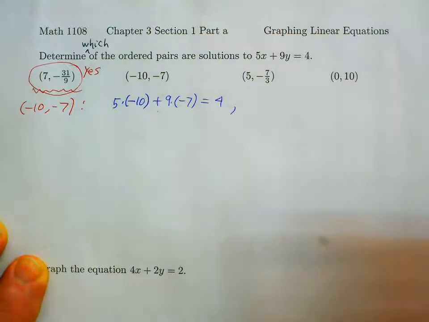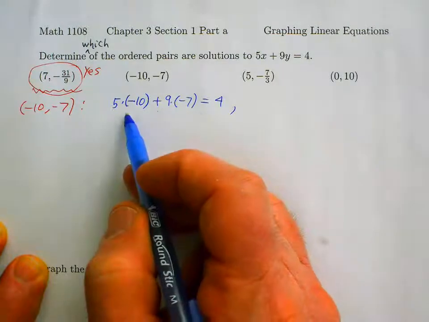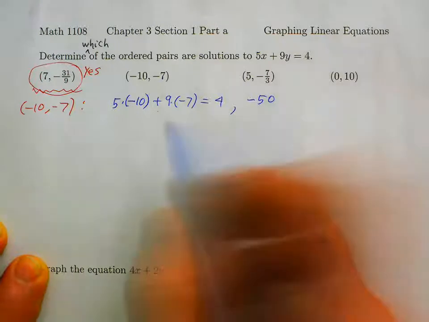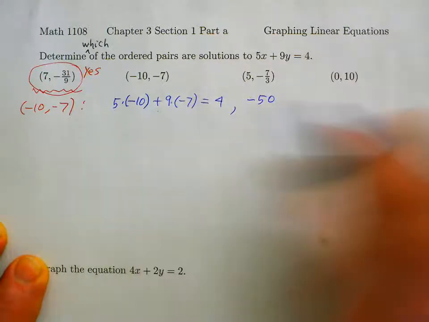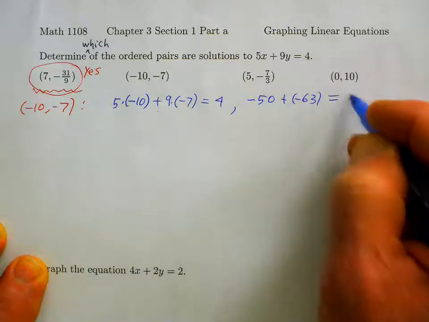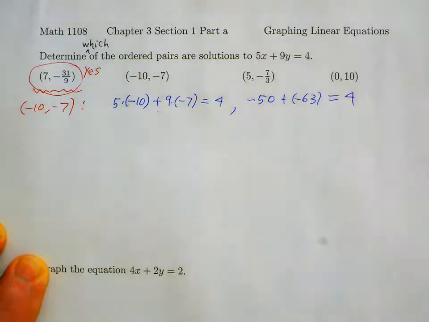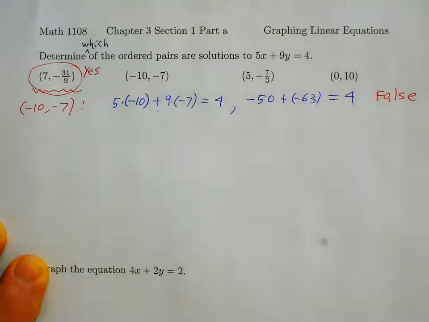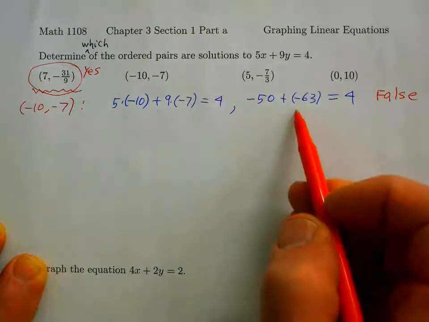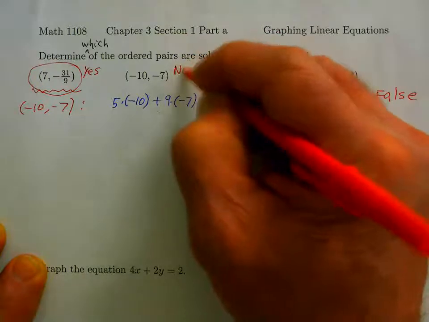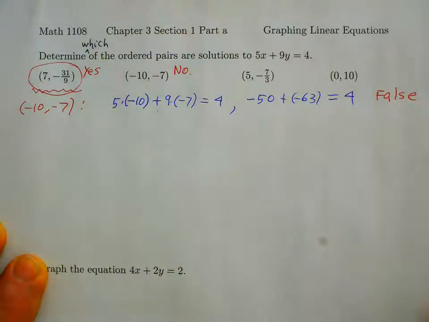Well, this doesn't look very good for that ordered pair. 5 times negative 10 is negative 50 plus 9 times negative 7 is plus negative 63. So it's pretty evident that this is false. The left-hand side simplifies to negative 113, but that is certainly not equal to 4. So the ordered pair negative 10, negative 7 is not a solution.